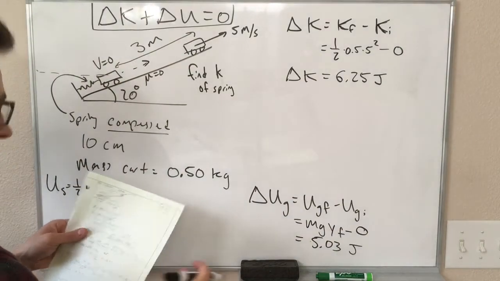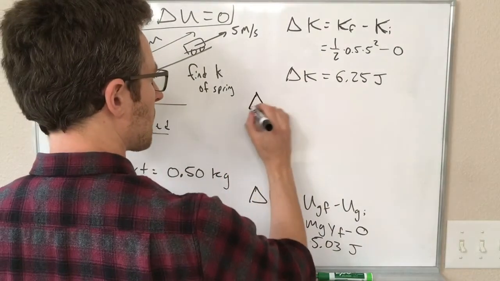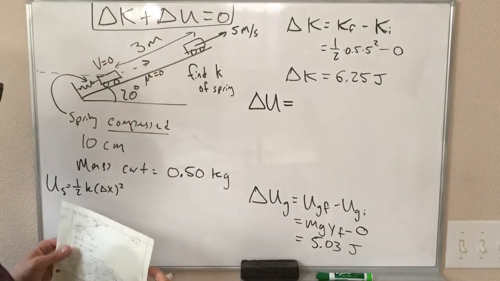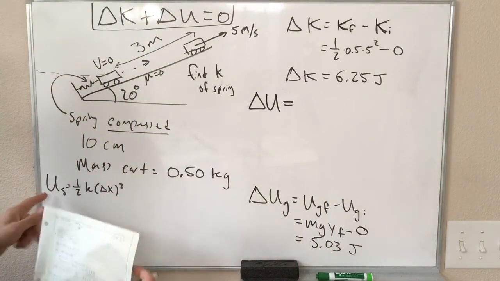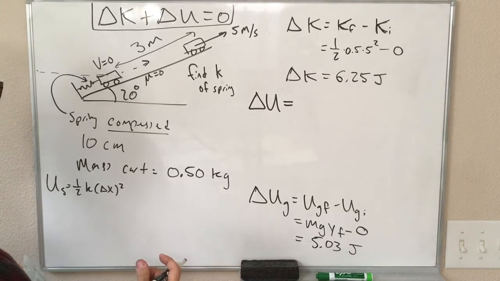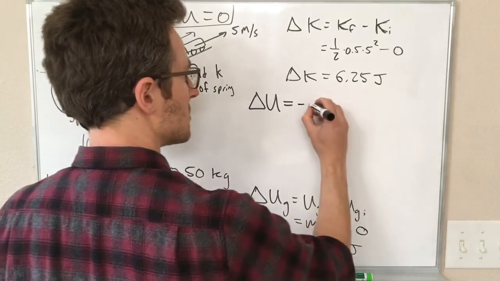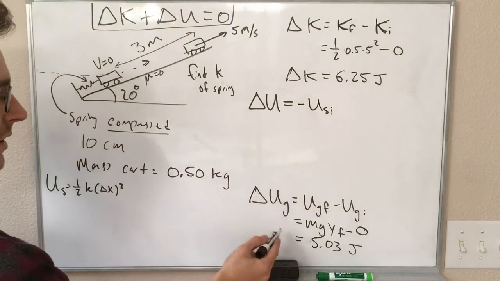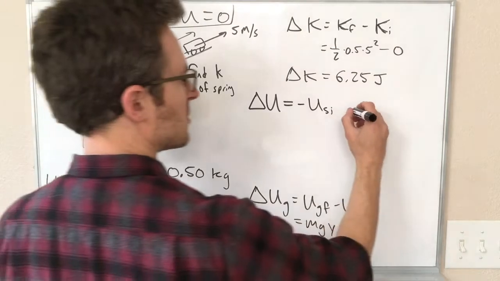So our delta U is equal to the change in the potential energy of the spring, which is minus US initial, plus the change in potential energy of gravity, which is plus 5.03 joules.